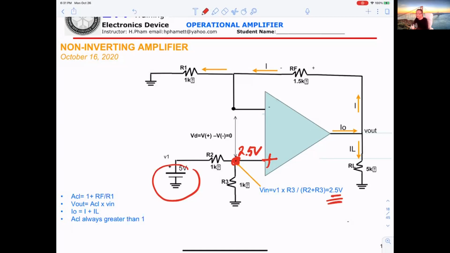Now, my question here, what is the voltage at that point? 2.5. Perfect. Why 2.5?